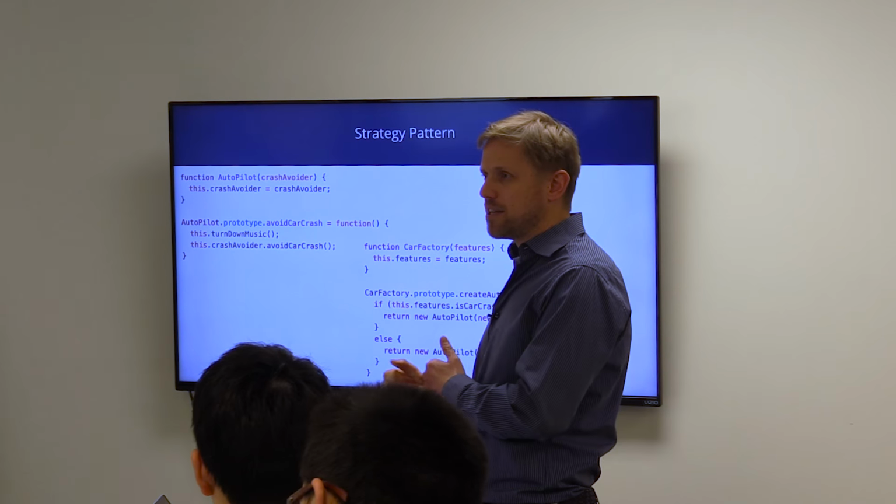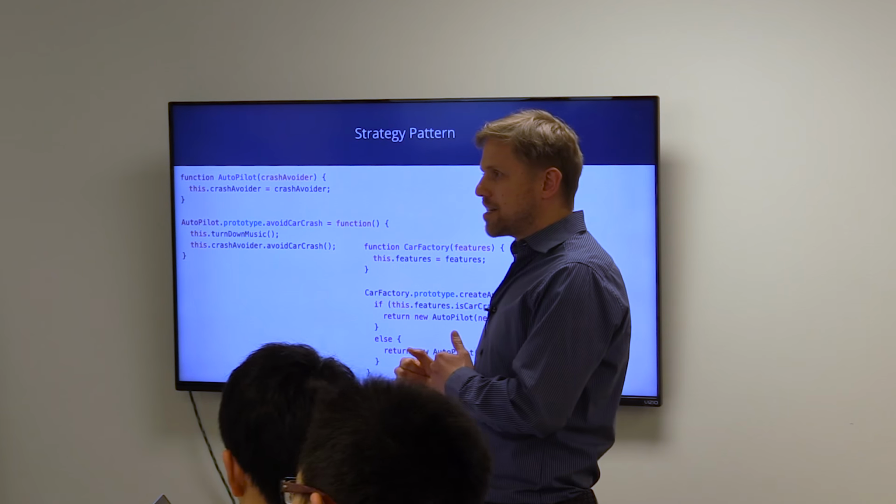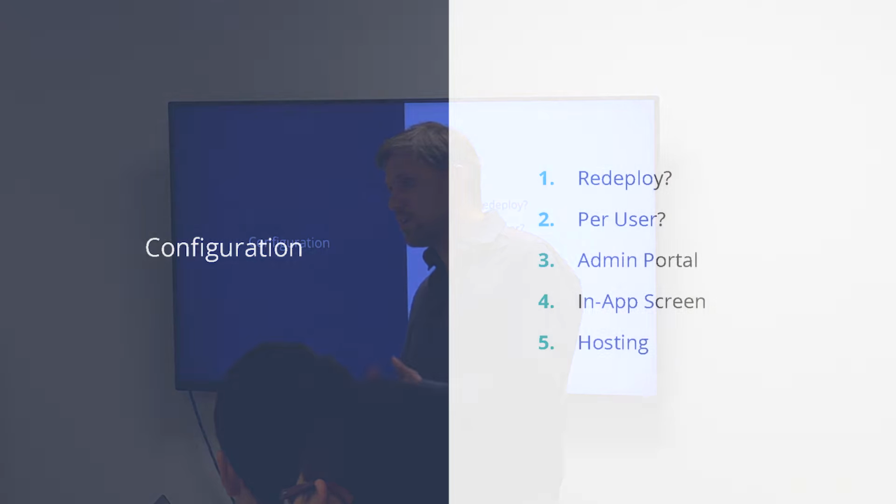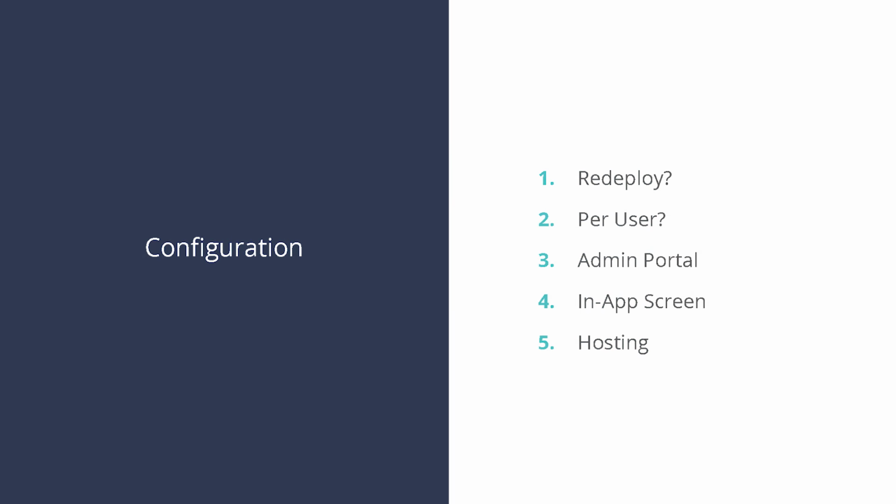So you can either inject them using an injection framework, or you just pass them into the constructor. That was basically how to go about implementing them, and now the configuration of the feature toggles.